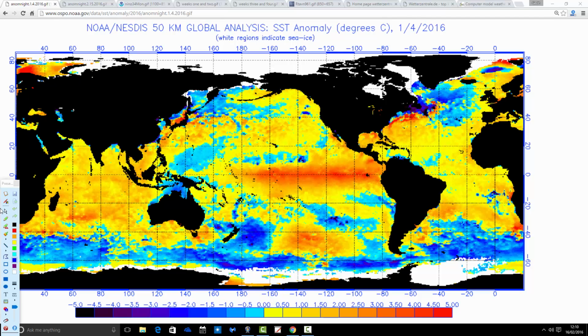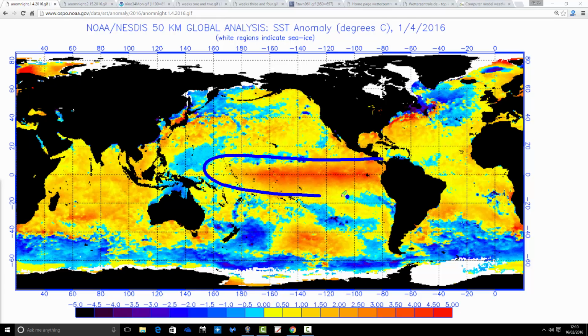So three specific areas. Of course, El Nino is this very big red area just here through the equatorial part of the Pacific Ocean. And then in the northern Pacific Ocean, you see generally quite warm ocean temperatures across the northern Pacific. This is normally quite a cold place in terms of the ocean sea surface temperature anomalies. It normally looks blue up there, but at the start of the year it's generally quite warm, certainly compared to average.